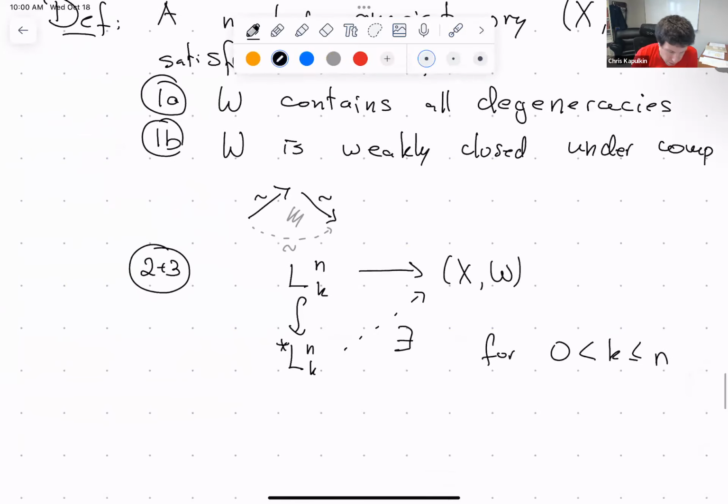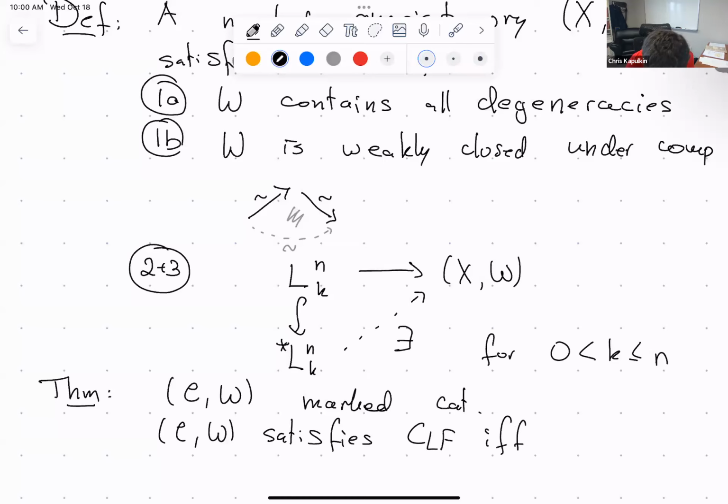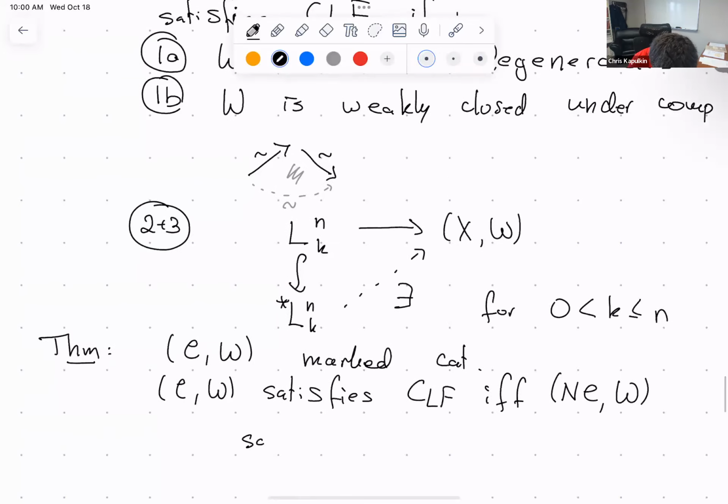And maybe the theorem that I'm going to finish with is that if you have a marked category CW, then CW satisfies CLF in the sense of Gabriel and Zisman if and only if the nerve of C with W satisfies CLF in our sense.